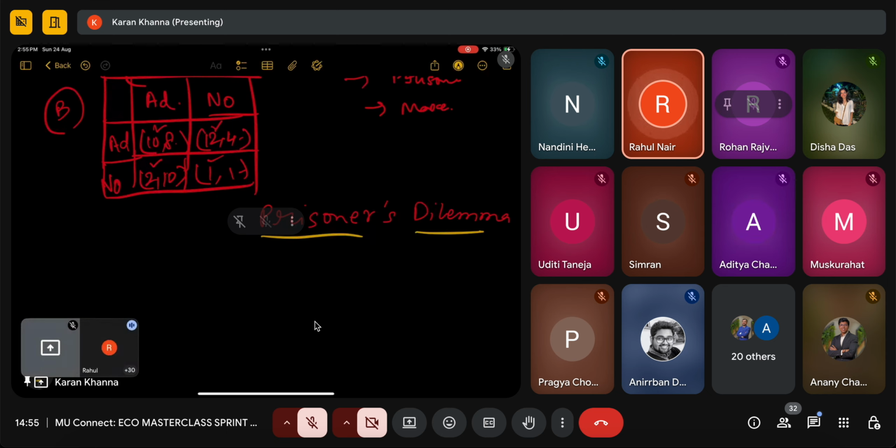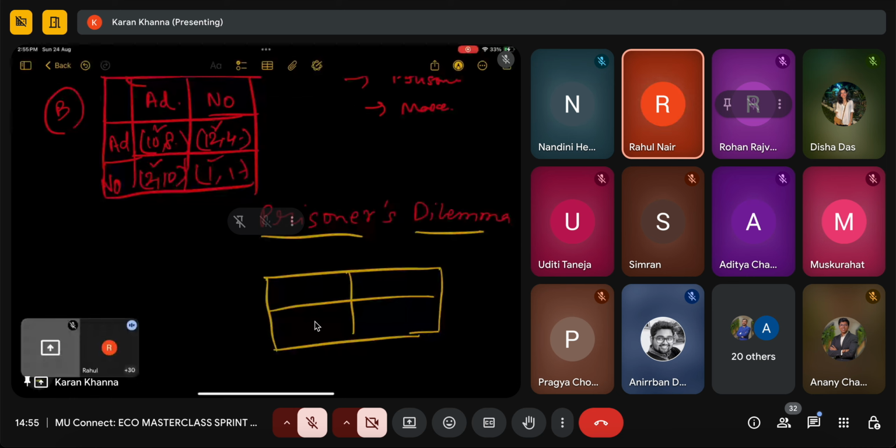So the basic idea of prisoner's dilemma is that there are, for example, two prisoners, right? Both have been caught for a crime. There's a prisoner A and there's a prisoner B, and each has two options. He can either confess or he can deny confession.